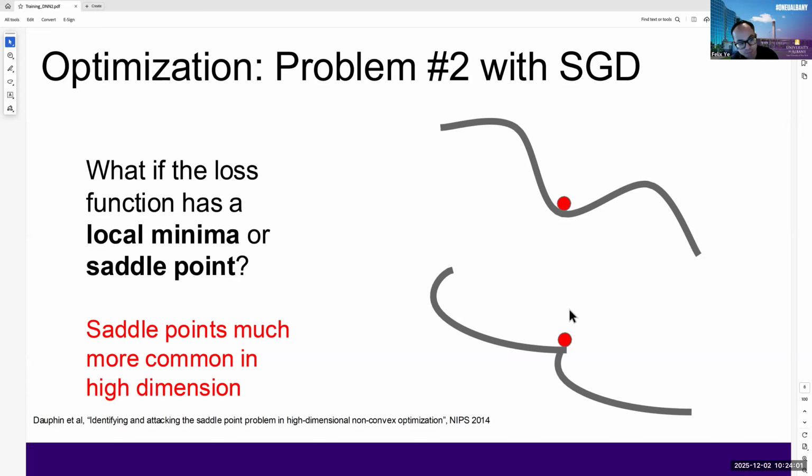That's why you run into the saddle point. But the issue is, how do I know which direction I should go? This is a very tricky question.